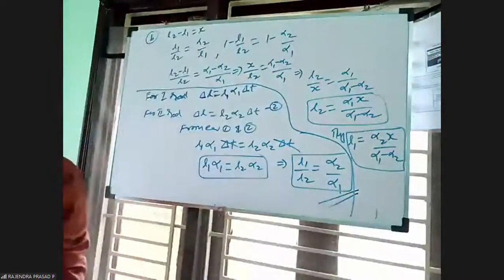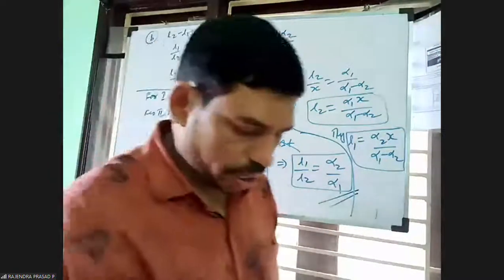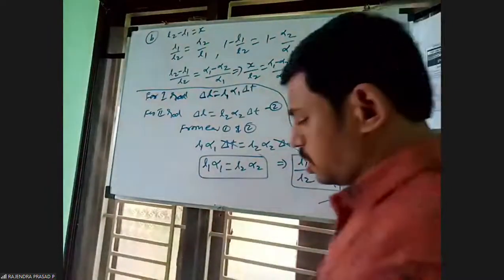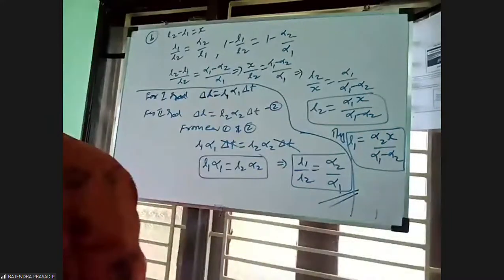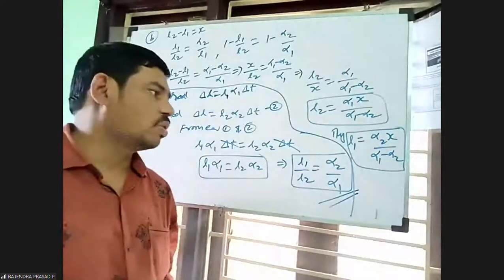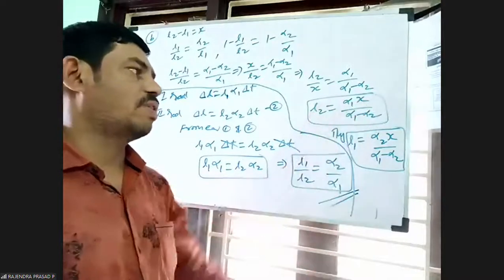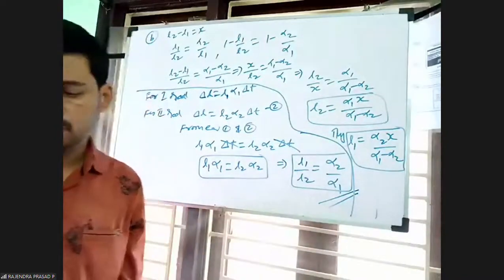Similarly, sir, what is X? L1 equal to alpha 2 X by alpha 1 minus alpha 2, and L2 equal to alpha 1 X by alpha 1 minus alpha 2.